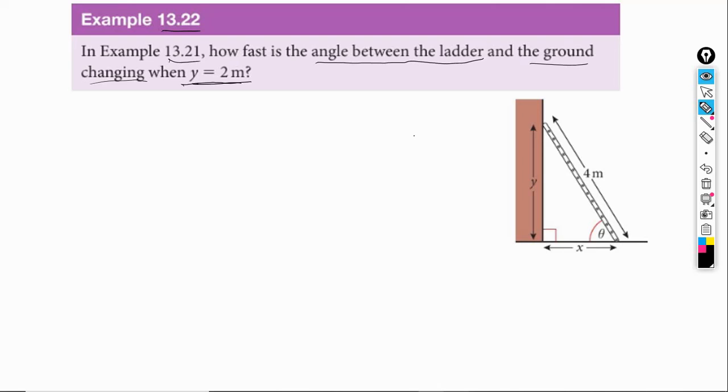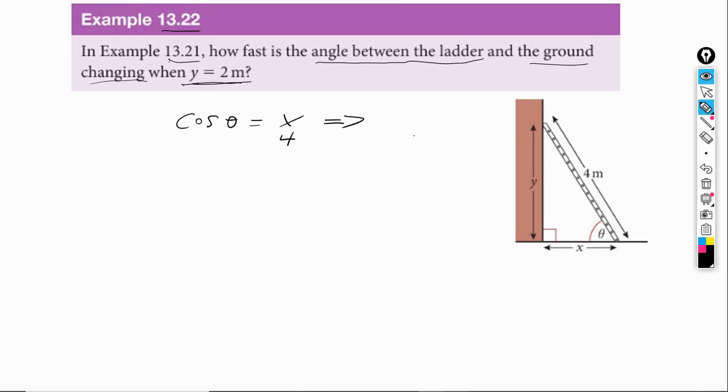So that means that I want to use cosine, because the derivative of cosine is sine. So cosine of theta is equal to x over 4, which we can use then to find the derivative of this, because that's going to give us the rate of change. Okay, so what's the derivative of this?